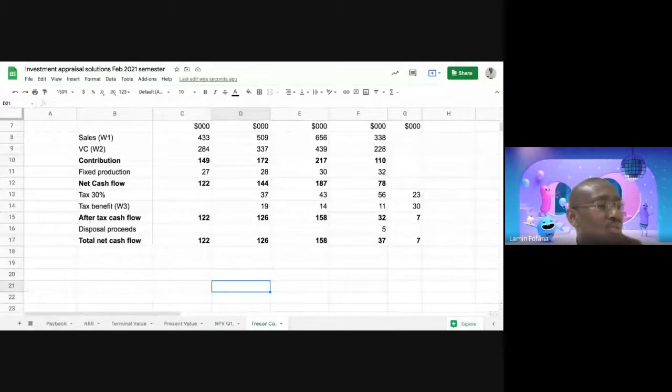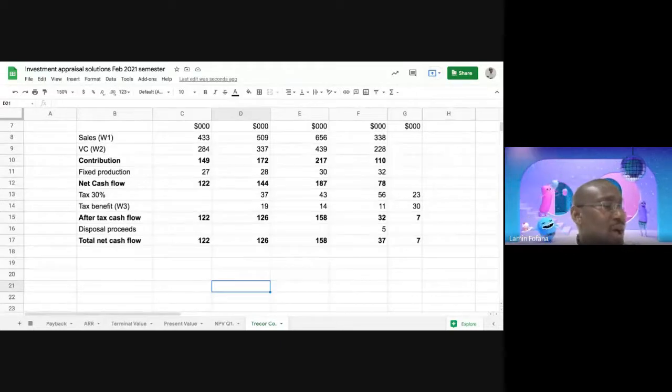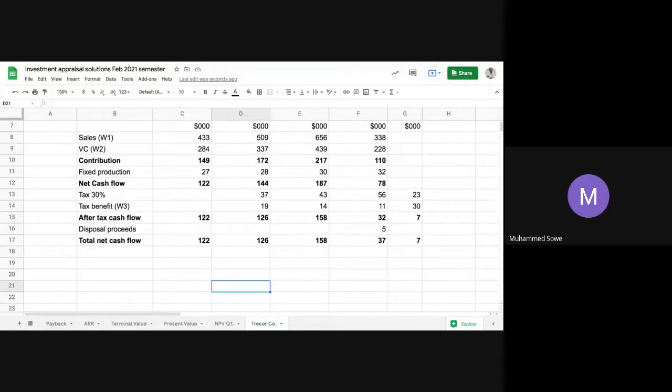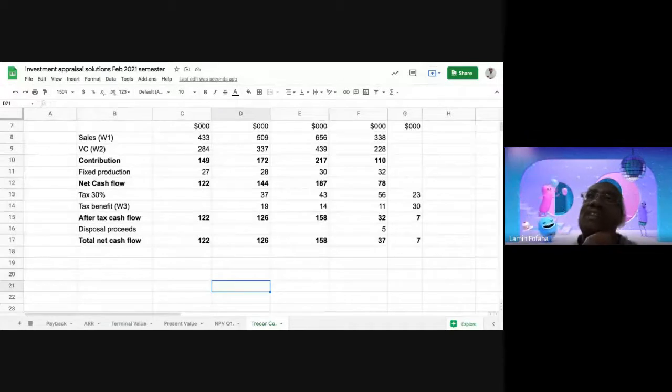The next thing we need to do is calculate our, what should we calculate? Discount factor. We need to calculate our discount factor so that we can discount the cash flows that are going to happen from year one onwards.